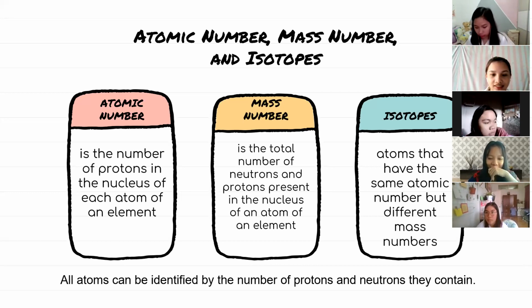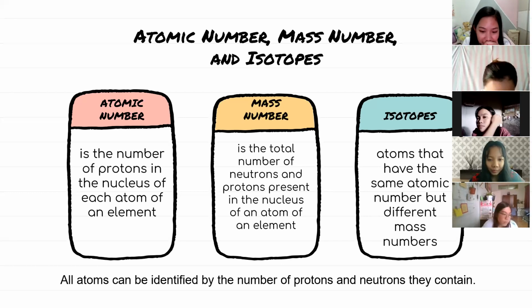The atomic number does not change; the number of protons is fixed. So if you are asked which element has one proton, there is no other answer, it is hydrogen. Hydrogen has an atomic number of 1, so it has only one proton. It is the same if you are asked which element has two protons, that is automatically helium. Again, the number of protons is what we use to identify what element is present. And lastly, we have the isotopes.